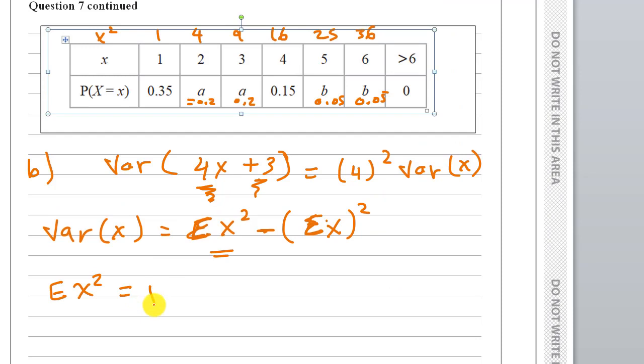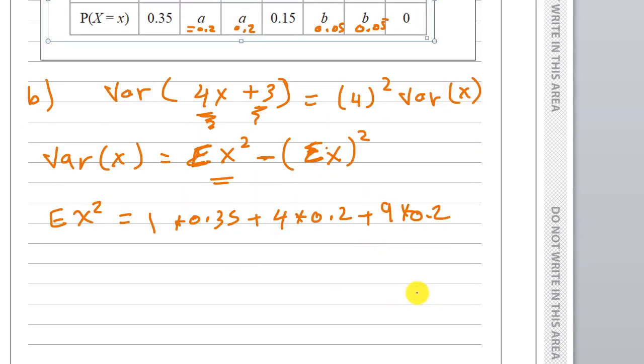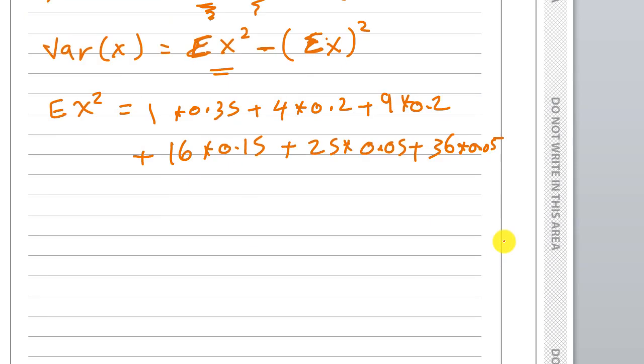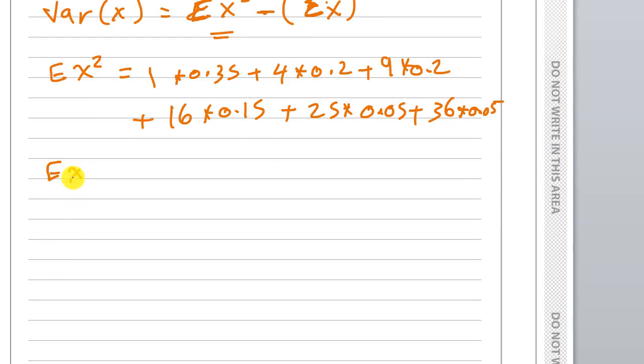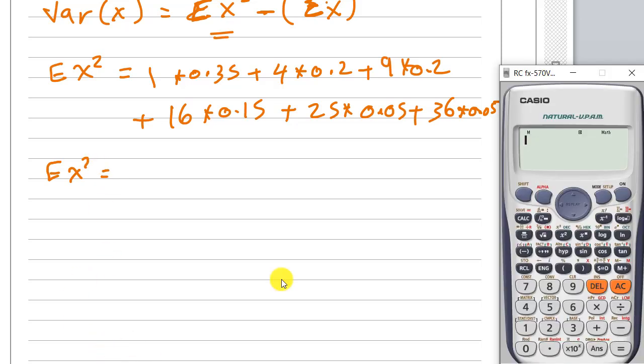So it's 1 multiplied by 0.35 plus 4 multiplied by 0.2 plus 9 multiplied by 0.2 plus 16 multiplied by 0.15 plus 25 multiplied by 0.05 plus 36 multiplied by 0.05. So it's 42 divided by 5.